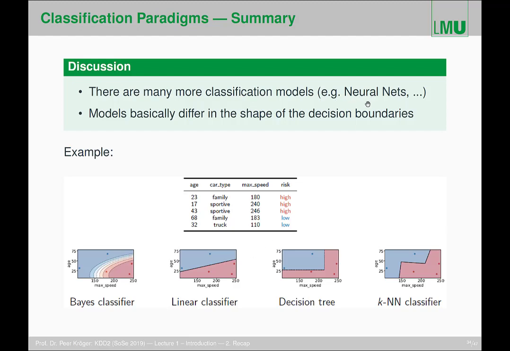Neural networks have a very high tendency to overfit because they have a very complex model with very complex decision boundaries, and that's also why you need a lot of training data in order to have a generalized classifier.